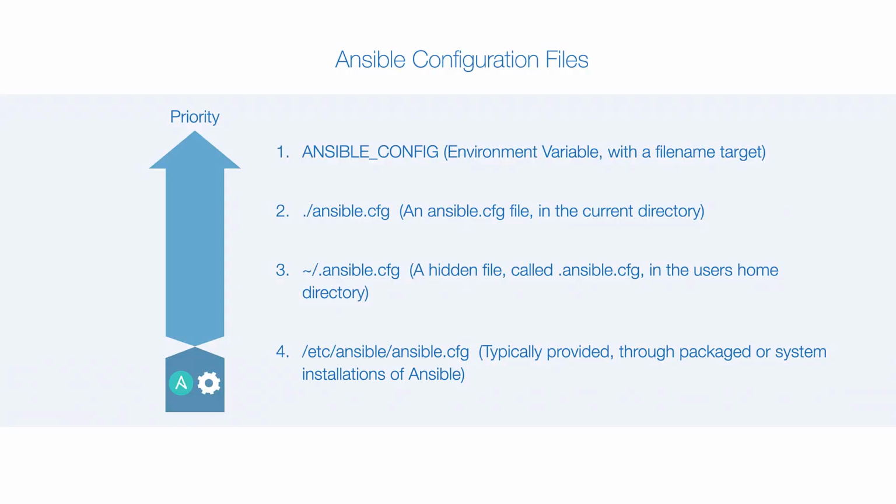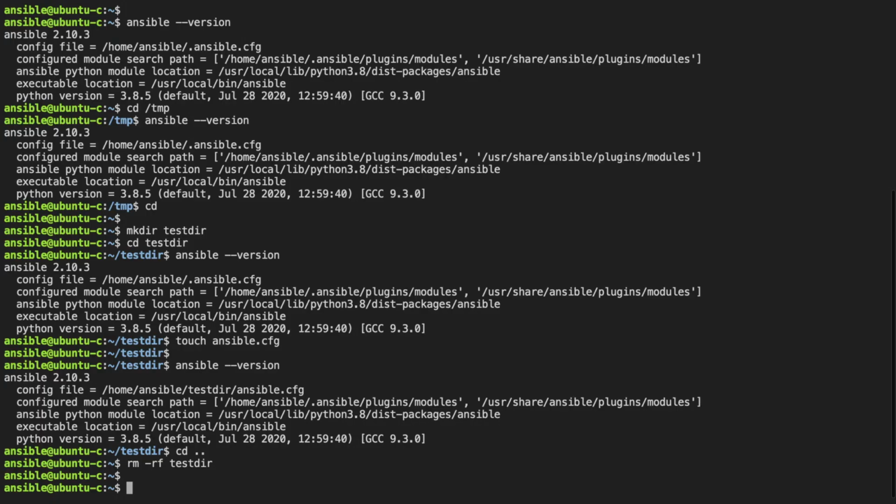Lastly, the winner. The number one precedence is the ANSIBLE_CONFIG variable. Let's see this in use. Okay, so what we're going to do is make an example Ansible configuration file, and with this approach, it could actually be called anything. So we will call this is_my_example_ansible.cfg.